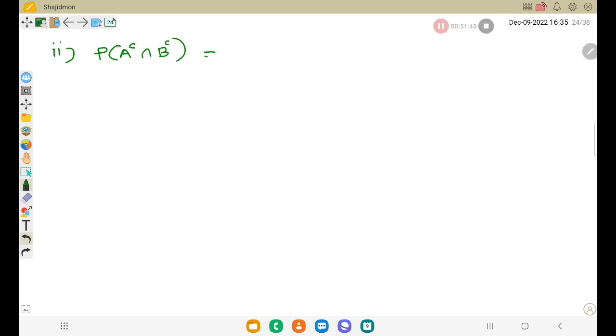We are using De Morgan's rule here. Both complements are coming, so what we can write is probability of A... you can see a simple way to understand the rule. Here a complement is there, here a complement is there, correct? So we take both outside the bracket as the complement.